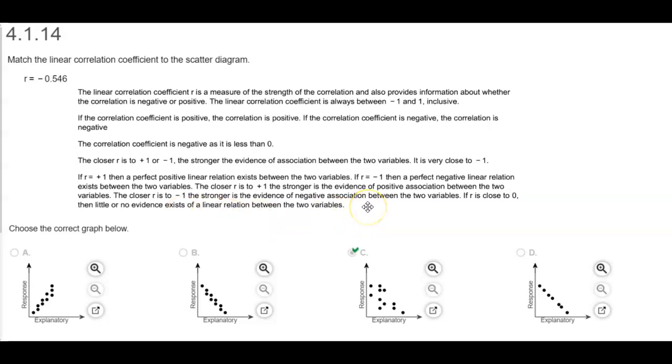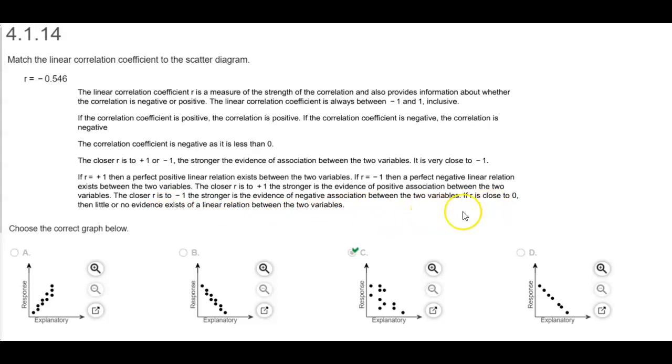If r is equal to negative 1, then a perfect negative linear relation exists. The closer r is to positive 1, the stronger is the evidence of positive association between the two variables. The closer r is to negative 1, the stronger is the evidence of negative association between the two variables.